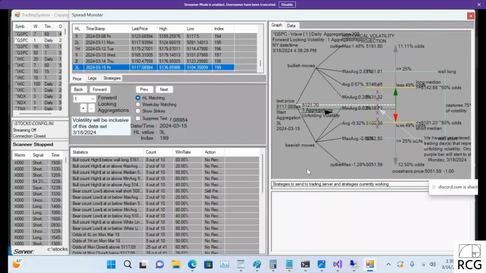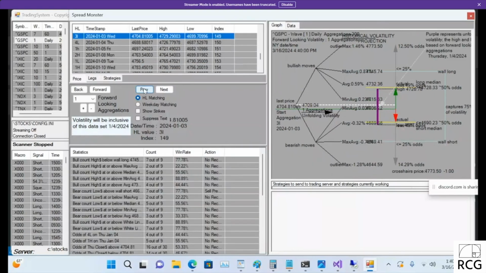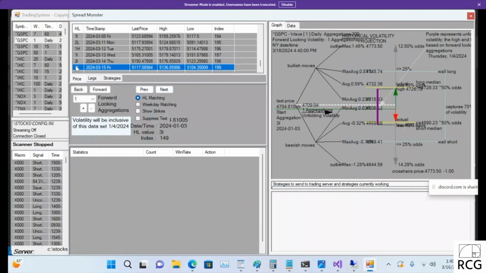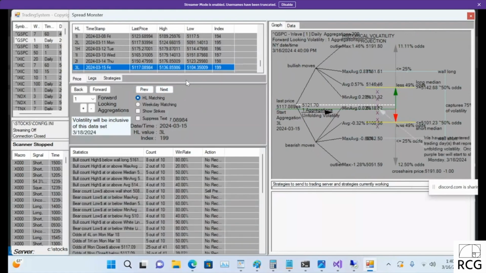So it's saying if our center of the chain is at 51.2170 roughly, we're a little bit to the short side of it. So I can say, okay, that's great. What does the last 3L look like geometrically on this?